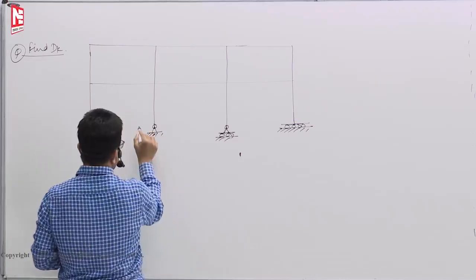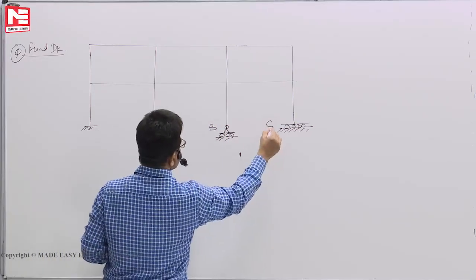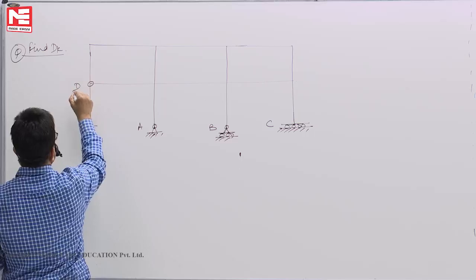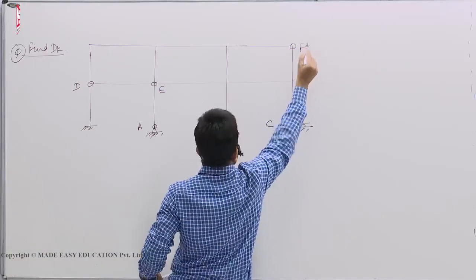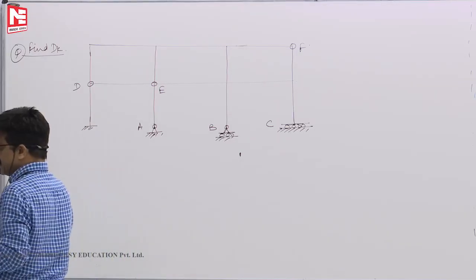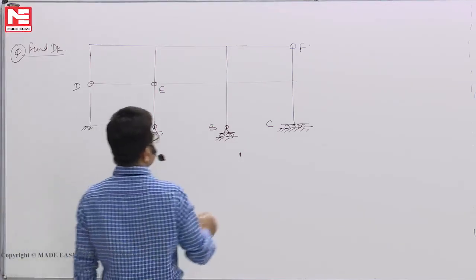Okay, these points say A, B, C. There is an internal hinge at D, E, F. So internal hinges at D, E, F.